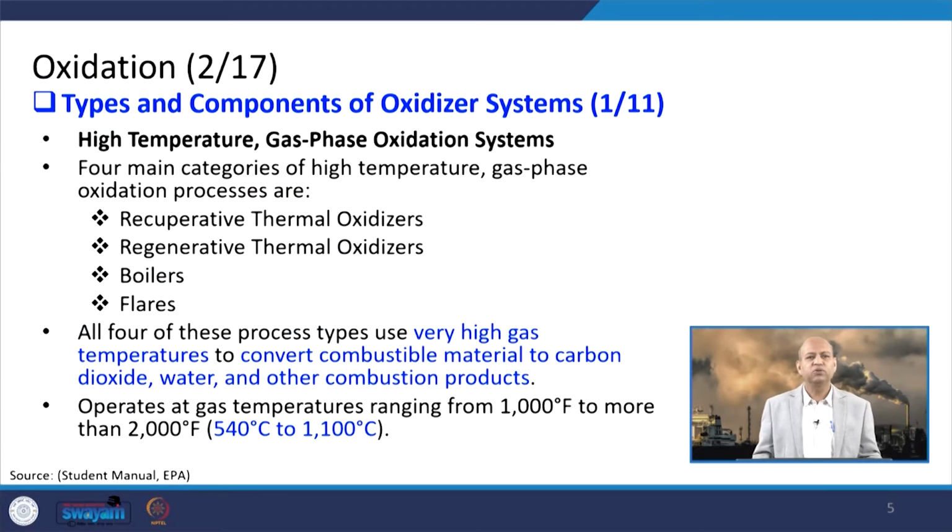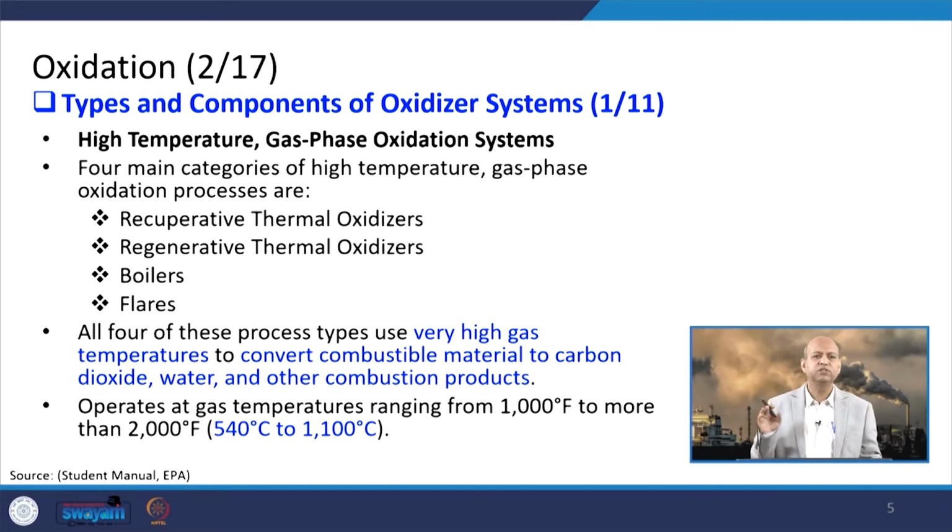The high temperature gas phase oxidation systems can be divided into 4 main categories: recuperative thermal oxidizers, regenerative thermal oxidizers, boilers and flares. All these 4 processes can be used for destroying gaseous pollutants at very high gas temperature, and they can convert combustible materials to carbon dioxide, because when complete oxidation occurs, carbon dioxide, water and other combustion products are produced. They can operate at a range of temperature from 540 degrees centigrade to 1100 degrees centigrade.